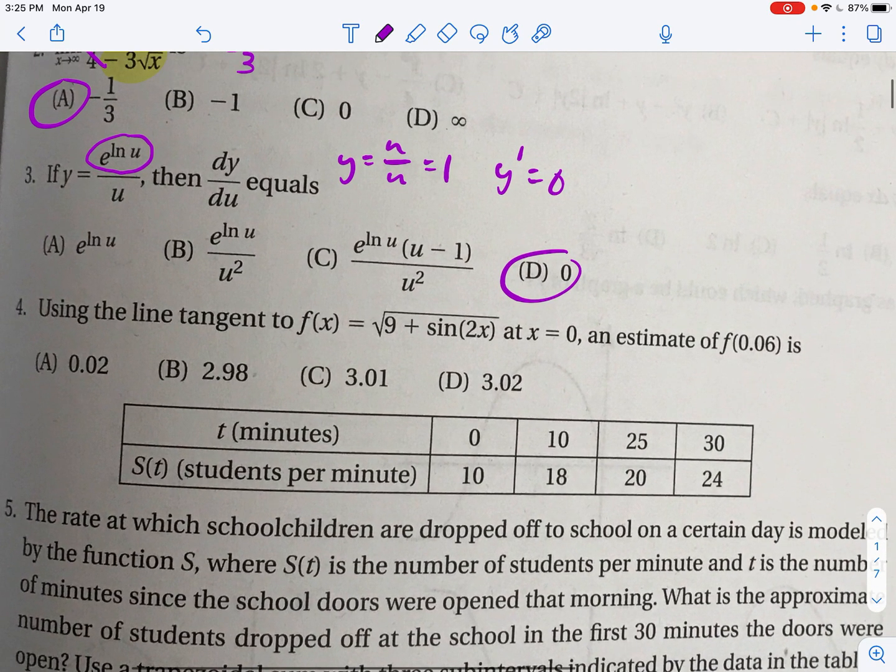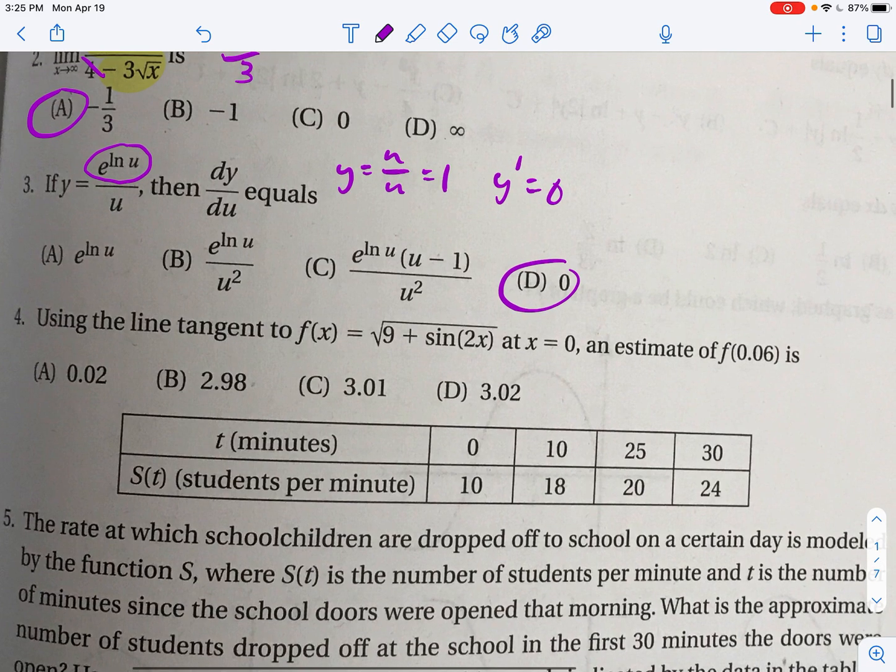All right, for number 4, we're using a tangent line approximation to estimate something. So let's just note here, this is really close to x equals 0. So let me switch to a different color, my work for number 4. And just so you know, on the real AP, usually it's a maximum of 2 problems per page.